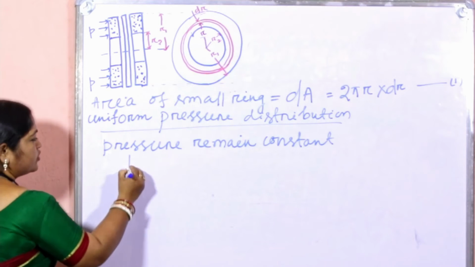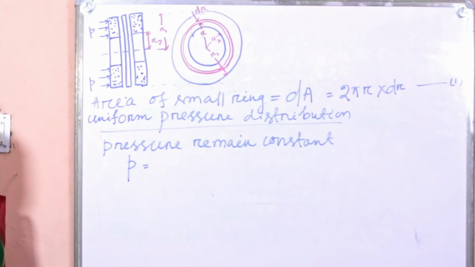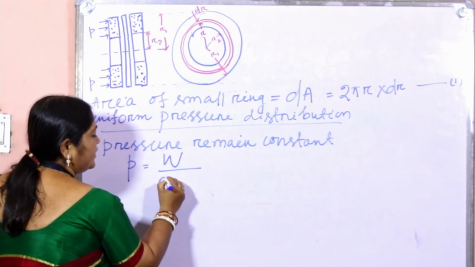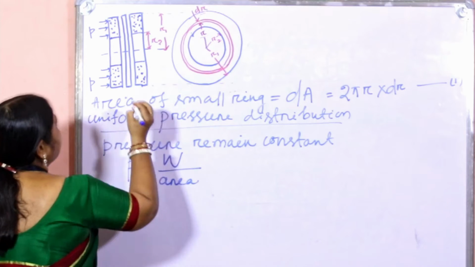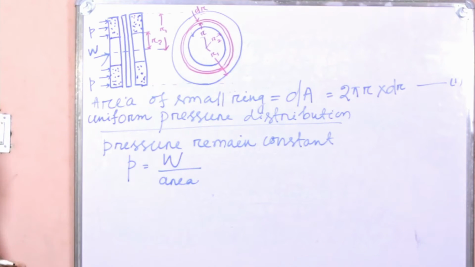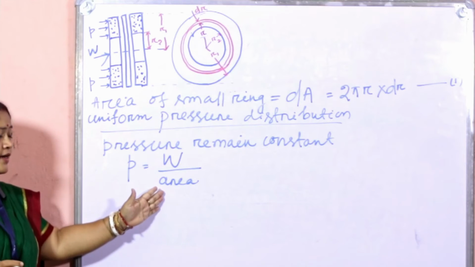When the pressure remains constant, our pressure is P. As we know, pressure is equal to load divided by area. Here the axial load imparted on the clutch plate is W, so the pressure is W divided by area.